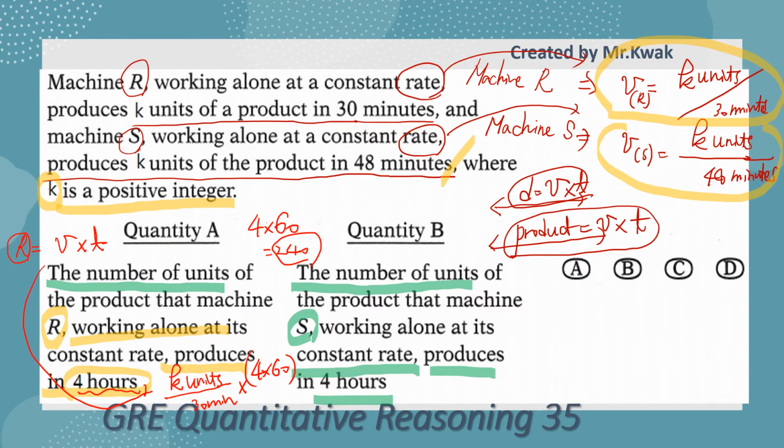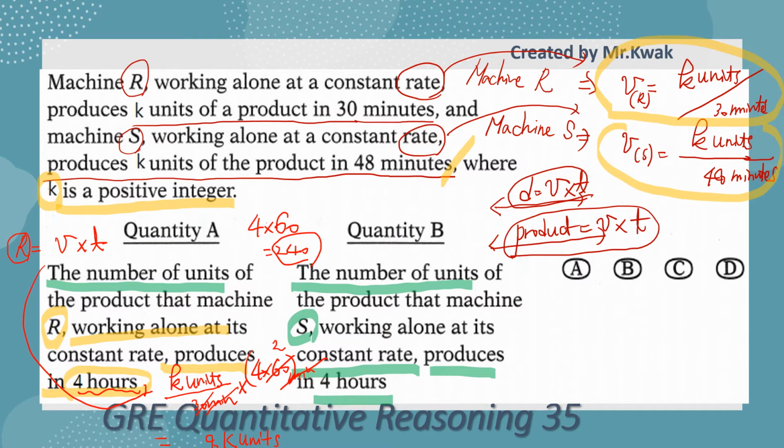Is that correct? Yes, right. So in that case, minutes can be offset together, and then 30, 60, 2, and then 8K units. So quantity A is 8K units. And let's move on to quantity B.